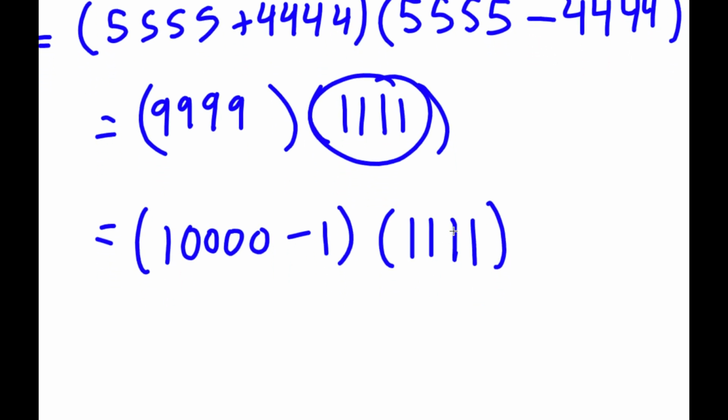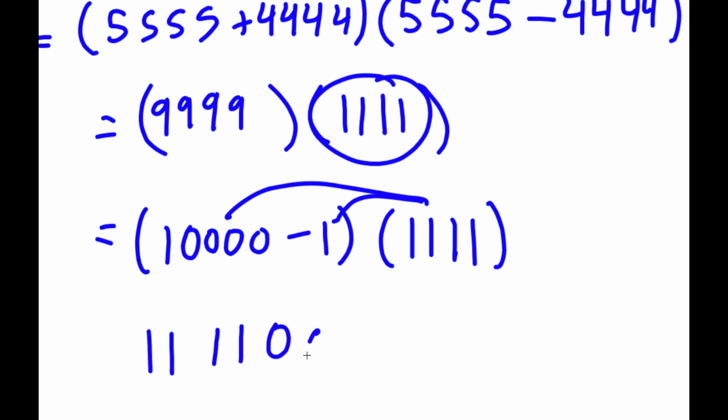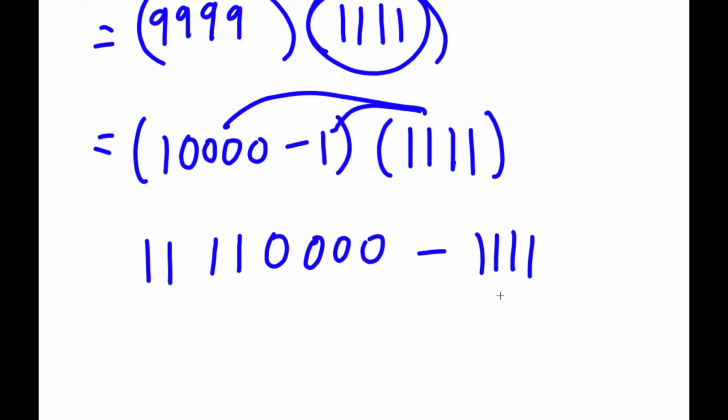And now I can go ahead and distribute. So 10,000 times 1,111 is going to equal 11,110,000. So now I have this minus 1 times 1,111, which is simply just 1,111.